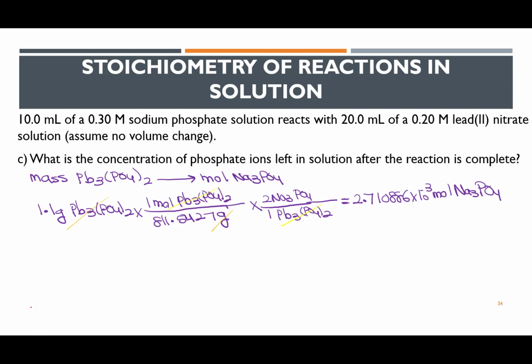Just like any other time, we have to take care of the sig-figs. 1.1 is 2 sig-figs. The molecular weight is 3, 4, 5, 6, 7 sig-figs. Then between 2 and 7, we choose 2.